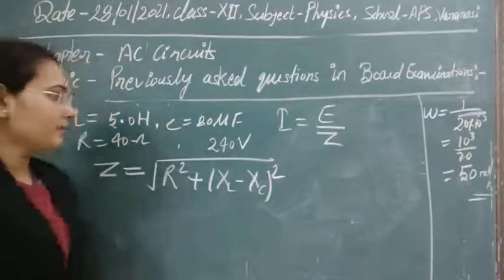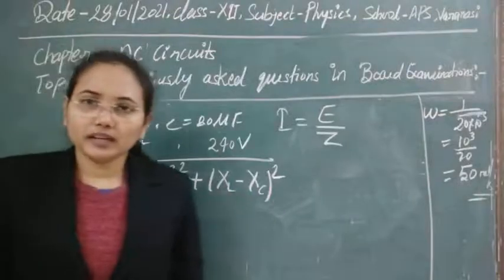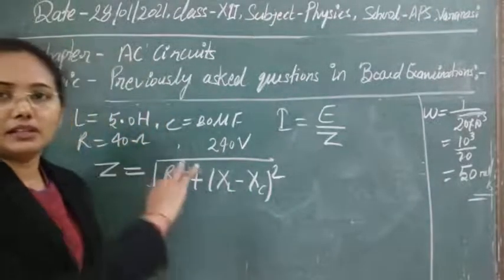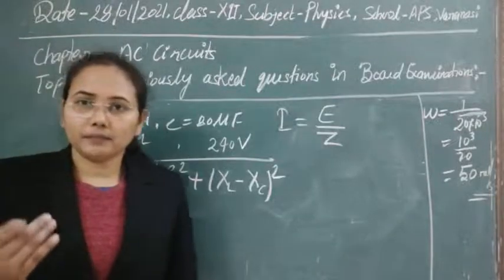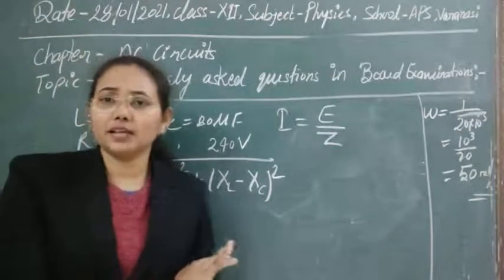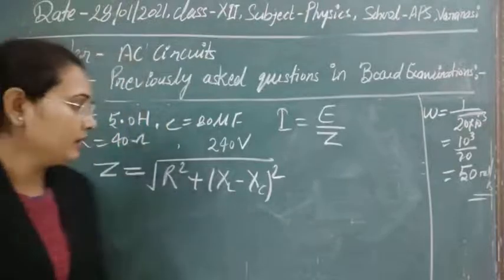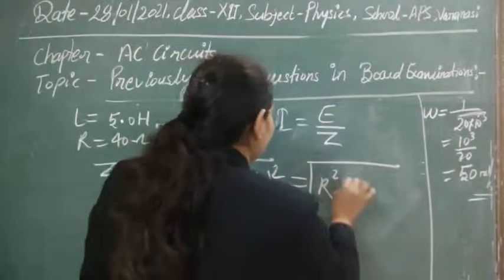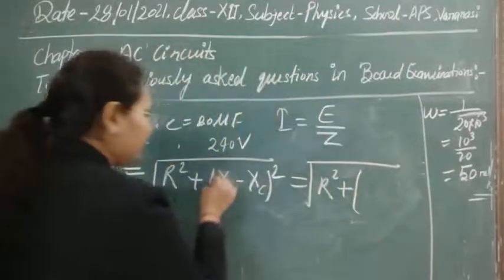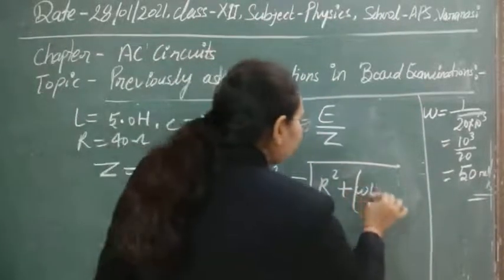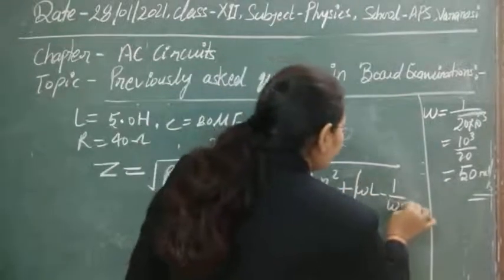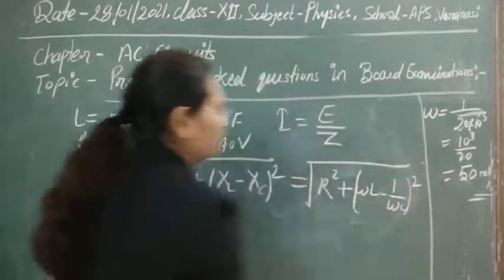I am taking these one by one so that you can recall the formulas you have studied and keep all these formulas in your mind. The value of the inductive reactance is given by XL = ωL, and the value of XC is equal to 1/(ωC). So this value we have.